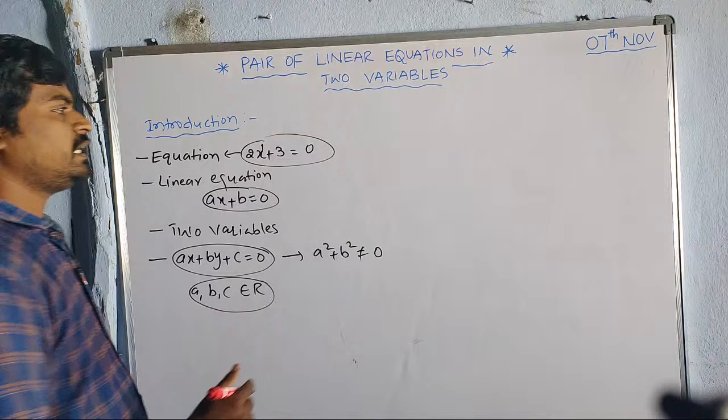So friends, about solutions of a pair of linear equations. Here two are there: a1x plus b1y plus c1 equals 0 and a2x plus b2y plus c2 equals 0. Friends, these are two linear equations in two variables.